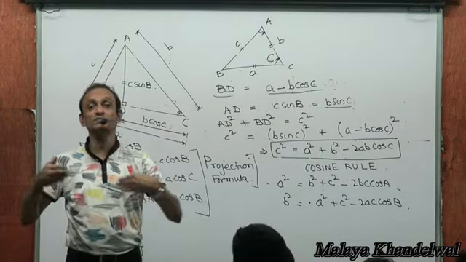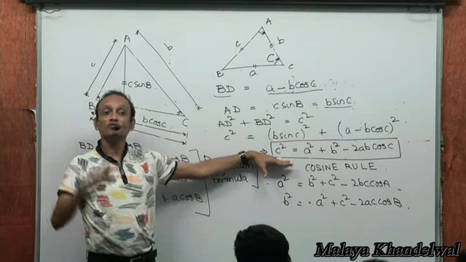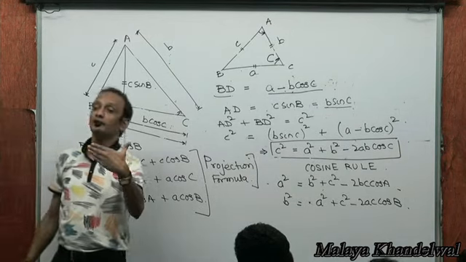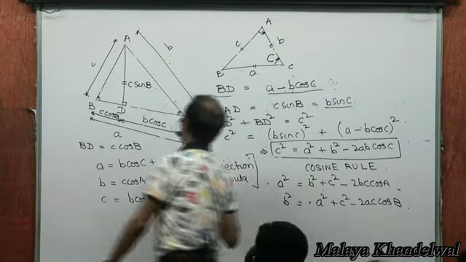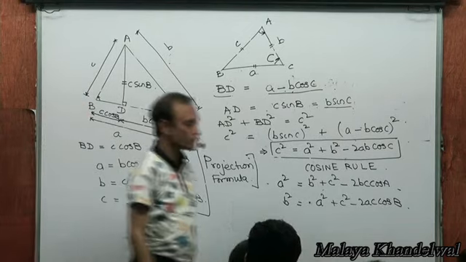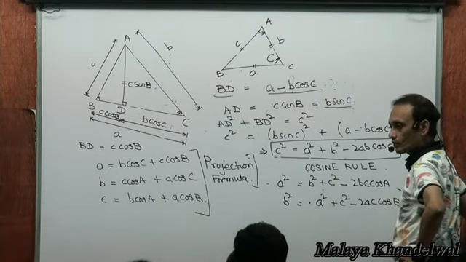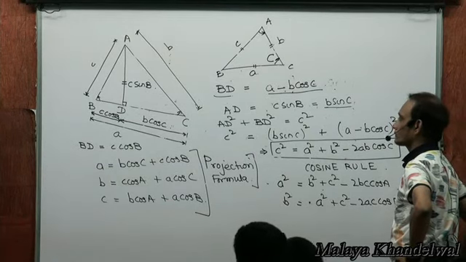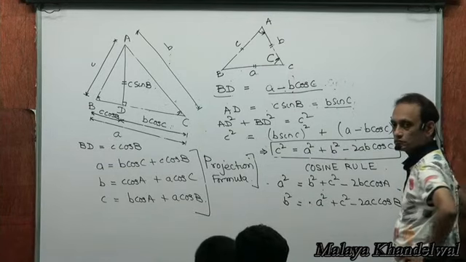The projection formula, a is b cos C plus c cos B. And here we have the cosine rule, where the square of any side of a triangle is the sum of the squares of the other two sides minus twice the product of the other two sides into cosine of the angle included between them. All's good?